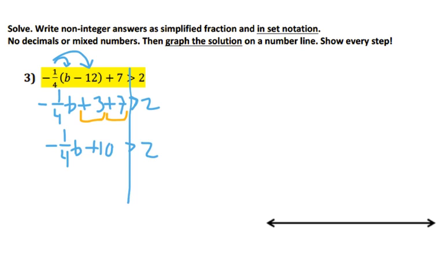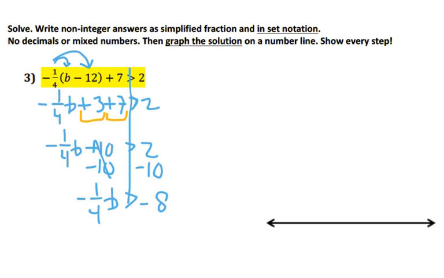And now we're going to do the opposite of what's happening to our variable to get the variable isolated so we can find out what values work or what the solution is. So we'll subtract 10 from both sides of our inequality sign, and we'll get negative 1/4 b is greater than negative 8.